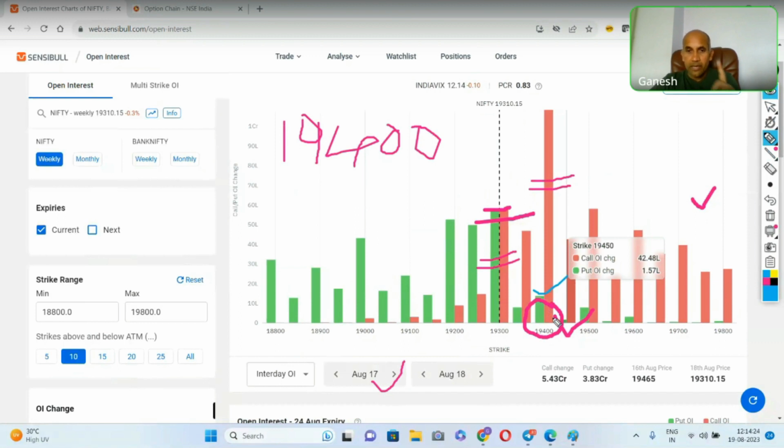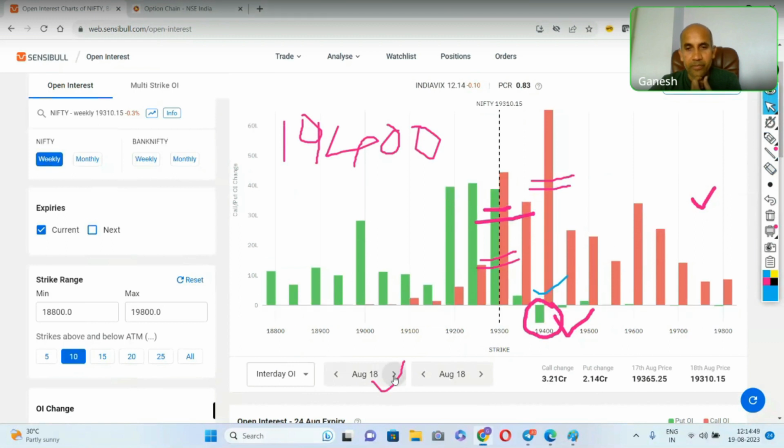But remember, on 17th, market also closed below 19,400 only. But they expected that market would not close below 19,400 by this expiry. But they came to 19,000 on 18th, on Friday. Their view changed. See how beautiful open interest is. Now it goes to yesterday. What has happened?